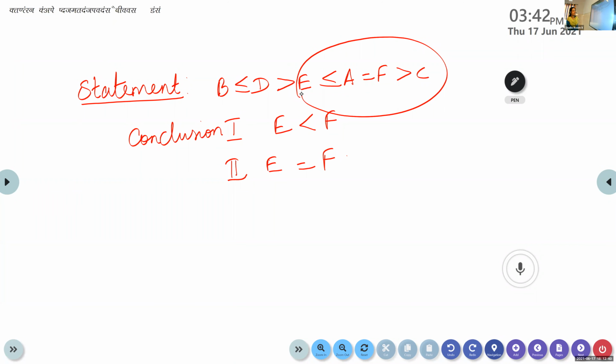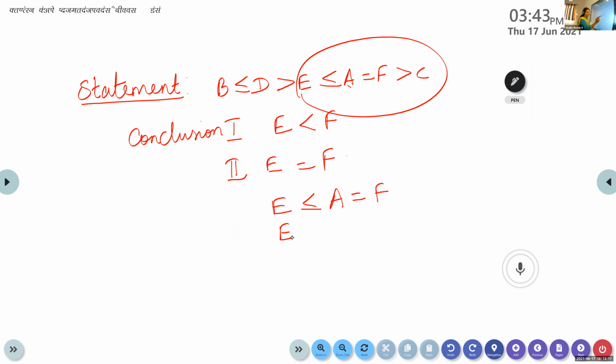What is the answer? Anila, can you give the answer? Ma'am, E is less than or equal to A equals F. So in this focus part, E is less than or equal to A equal to F. Which is true, E is less than F, or E is equal to F?